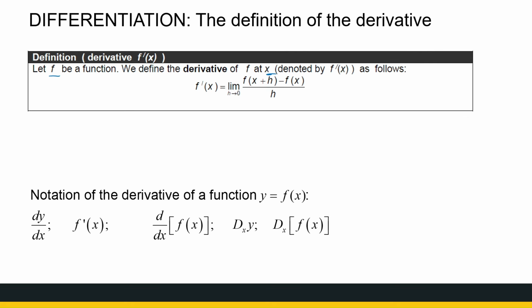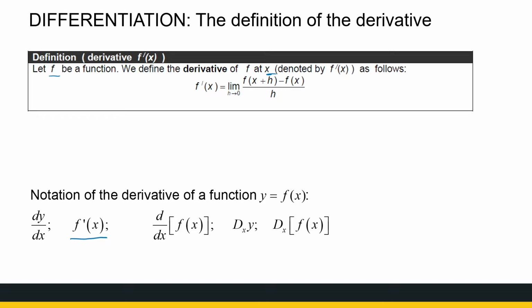It's better when you do work that you pick a notation and stick to it, but if you encounter any of these notations, you need to know what they refer to. So all these notations at the bottom refer to the derivative of the function f. Just note that it is a prime, it's not an exponent.